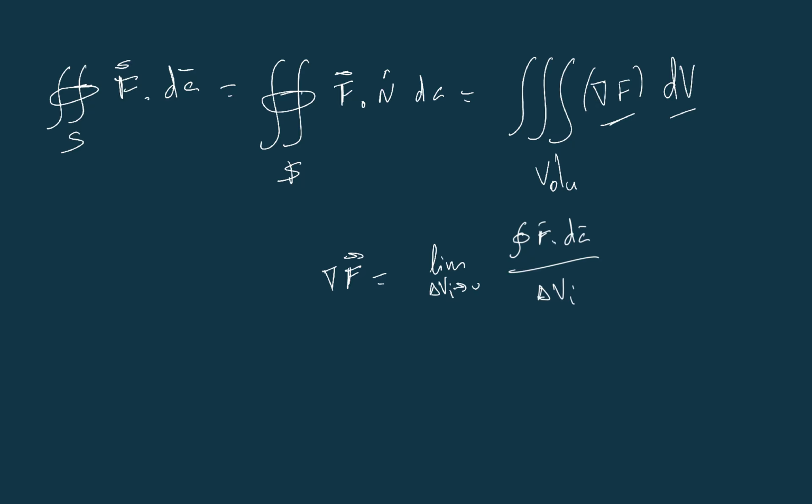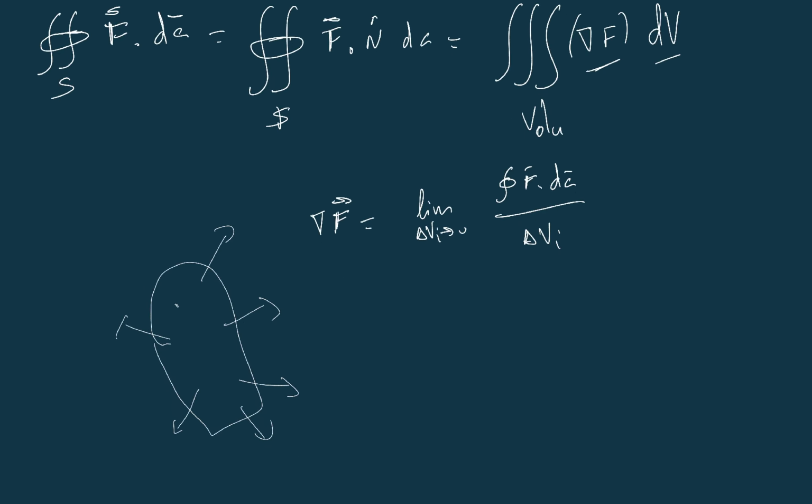So if you are inside the volume and this is the vector field crossing the surface, and you consider this point to measure the divergence, what you do is imagine a small sphere around the point.